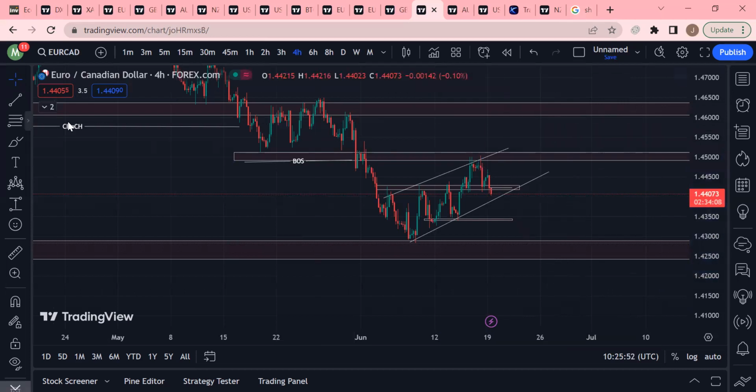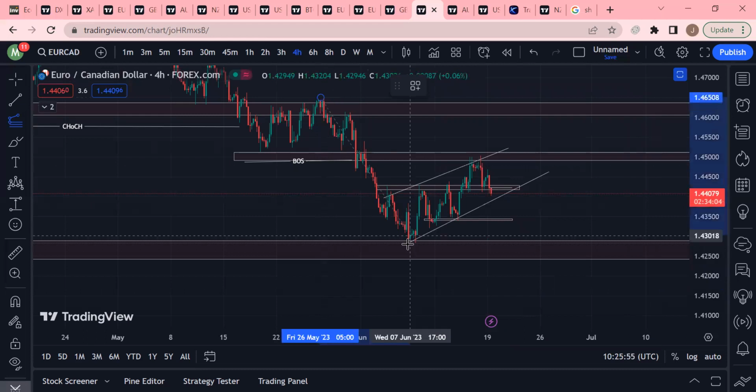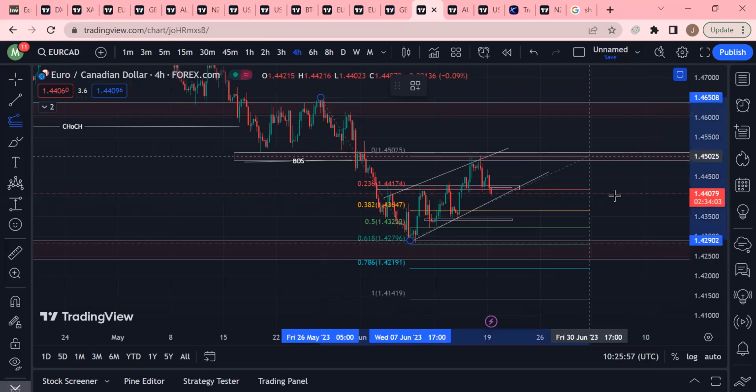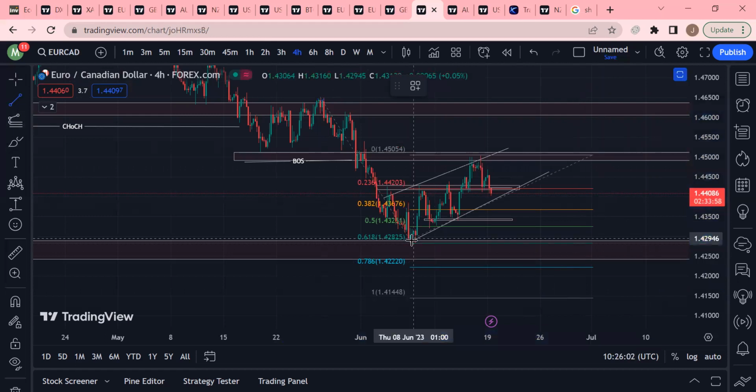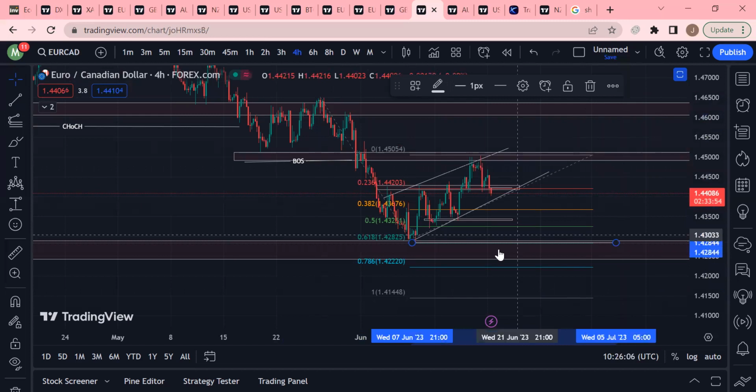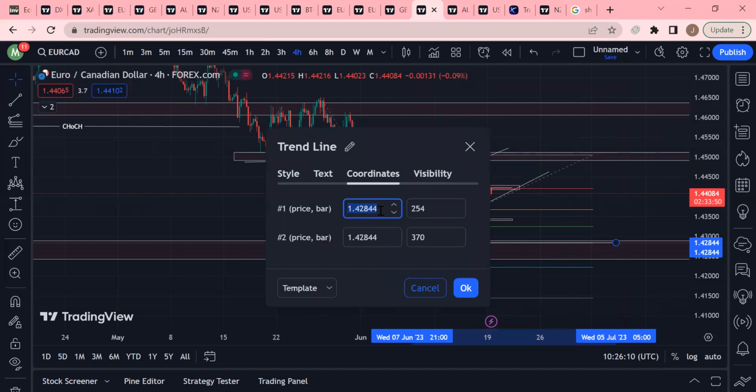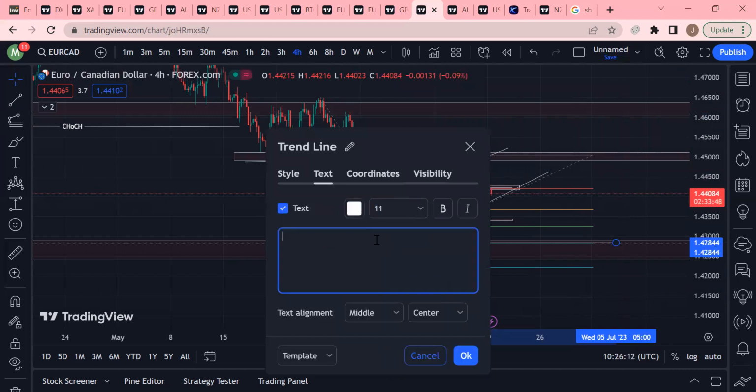I will use my Fibonacci trend extension level. Taking this, putting this here, and putting this at the last lower high, it's giving us the first take profit. Our first take profit is the first TP.